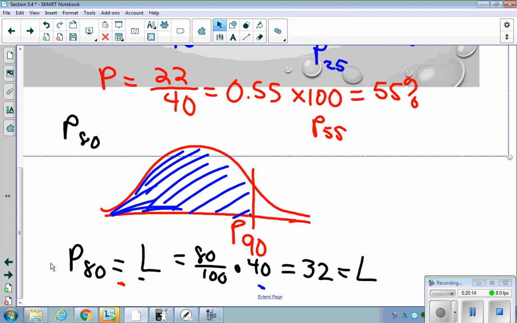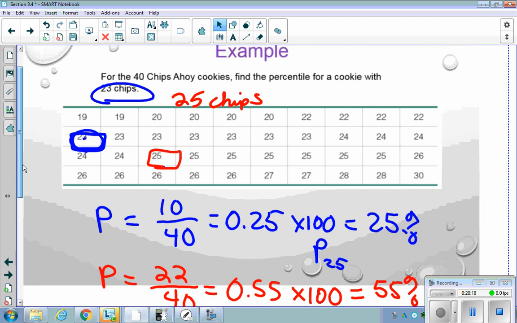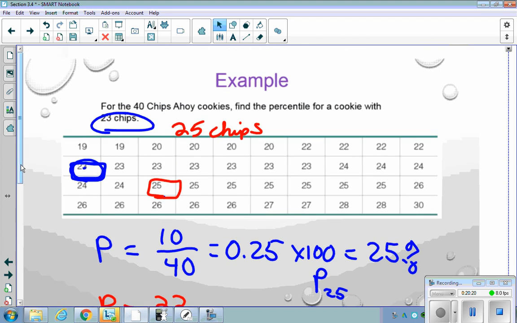So now I need to go back to my data and find 32 in. So let's count. Row 1 is 10, 20, 30, and here we go. 31, 32. Well, 32 would be 26, wouldn't it?